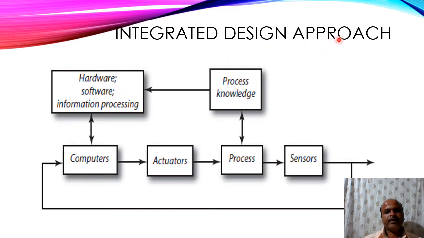In the integrated design approach, there is a combination of hardware, software, information processing. Then computers are used, then actuators, then sensors are used, and that process knowledge is again given to the hardware and software, and also sensor feedback is again given to the computers to provide the correct action. Okay, so this is the integrated design approach.